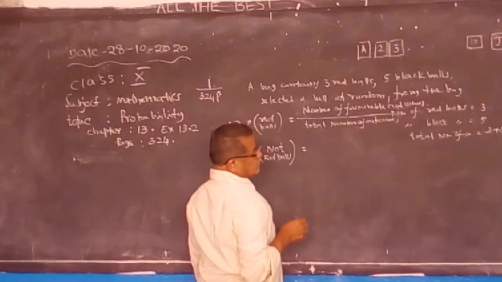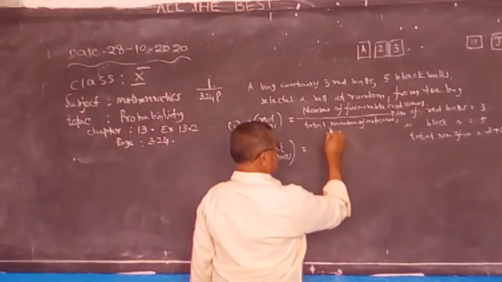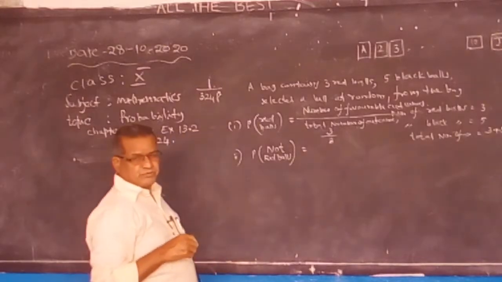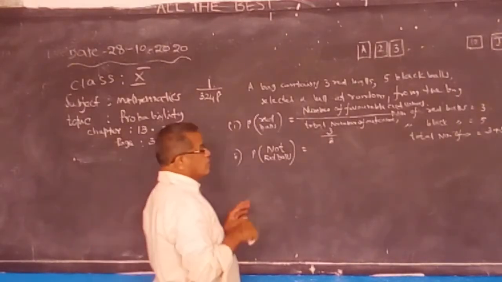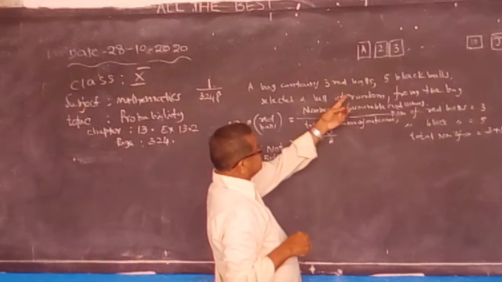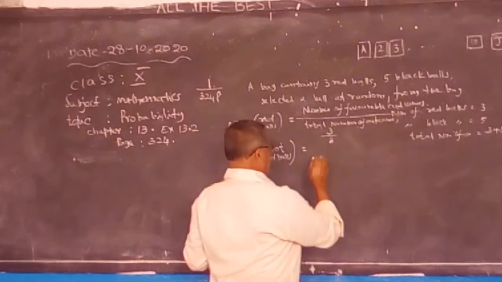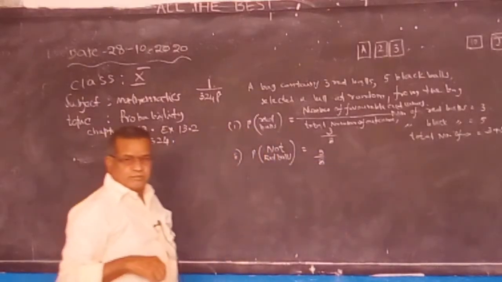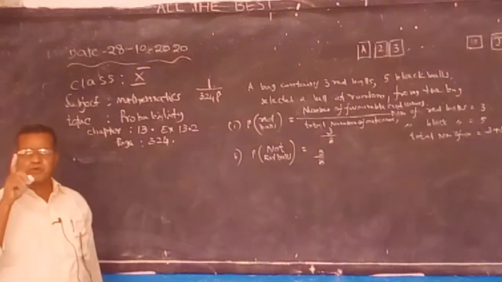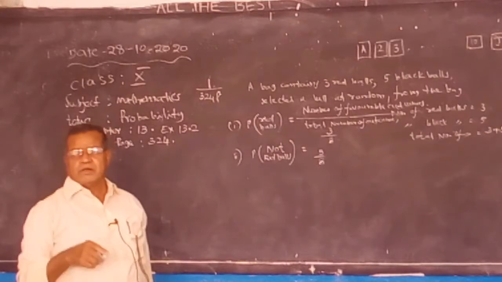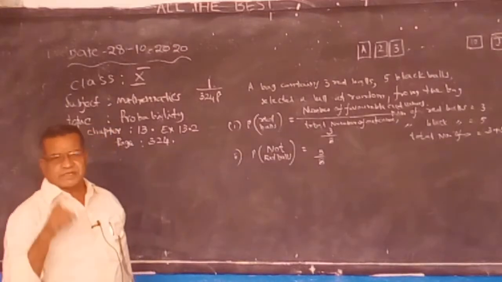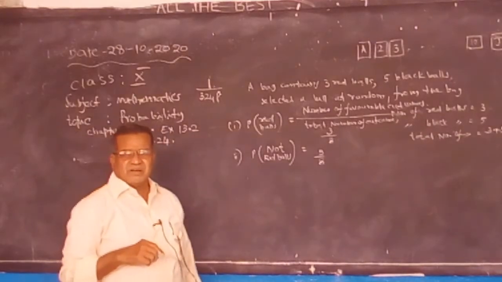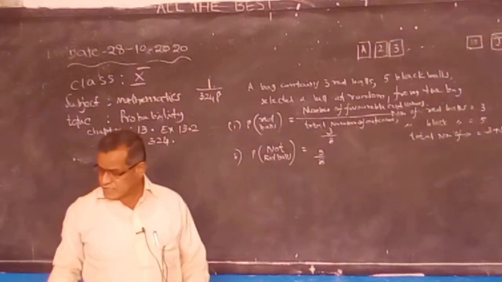So 3 red balls, total number of balls are 8. So answer is 3 by 8. And for not red balls, how many black balls are there? 5. 5 by 8. Very simple. For every problem you have to write the formula. Writing the formula you will get half mark. Apply the formula. Don't forget.